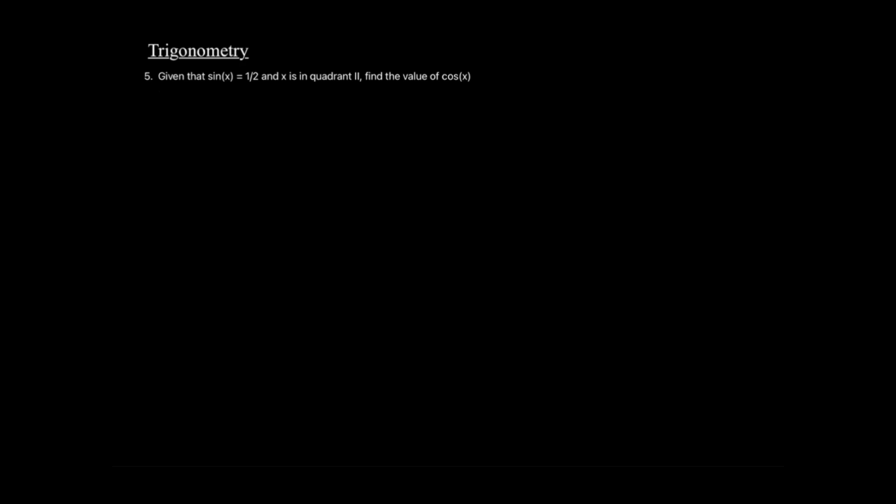For the second problem, we are told that given sine of x equals 1/2 and x is in quadrant 2, find the value of cosine x. This is a unit circle problem, and so to solve this problem we need to draw the unit circle.